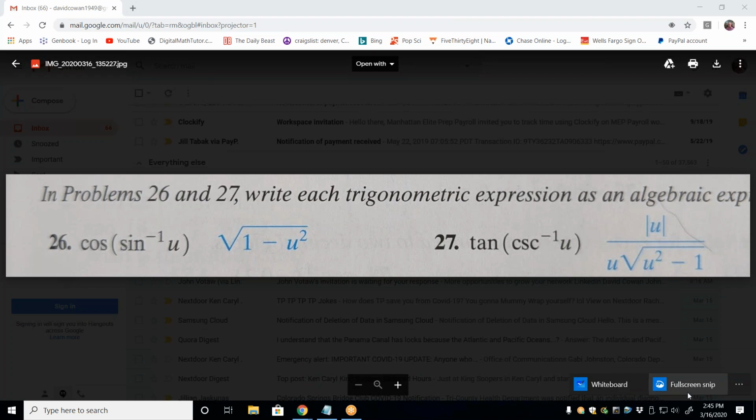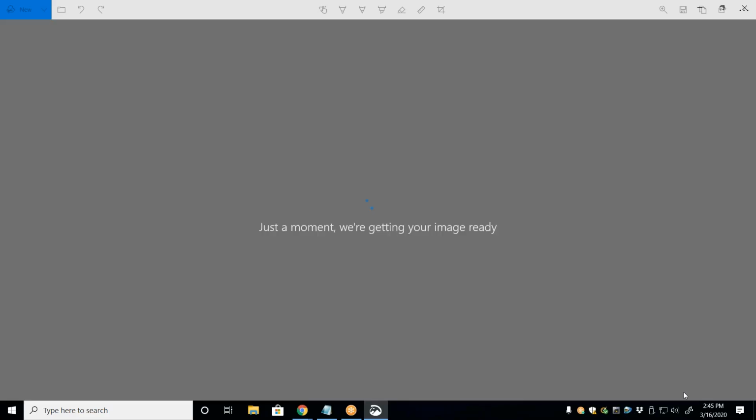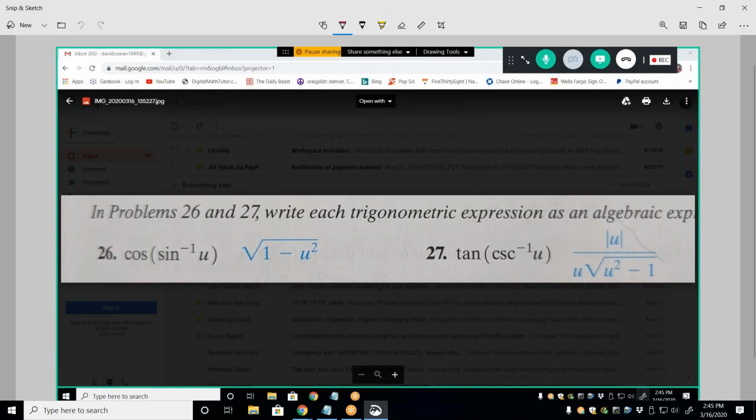Okay. Yeah, here. In other words, if we talk about inverse sine, okay, let's just talk about inverse sine. Call it u. The domain of that is -1 to 1, correct? Yes. Okay.